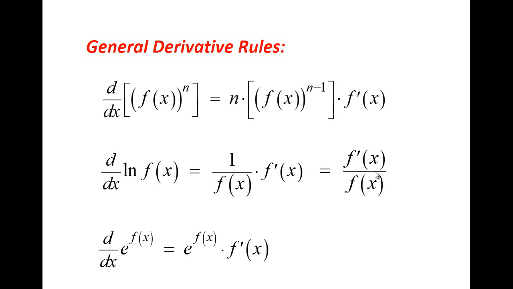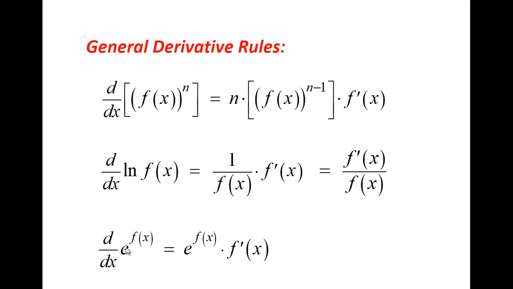And the derivative of e to the power f of x is equal to e to the power f of x multiplied by f prime of x. Again, this follows from the chain rule. If you look at e to the power f of x, well, that's the composition of two functions. The outside is e to the x, the inside is f of x.